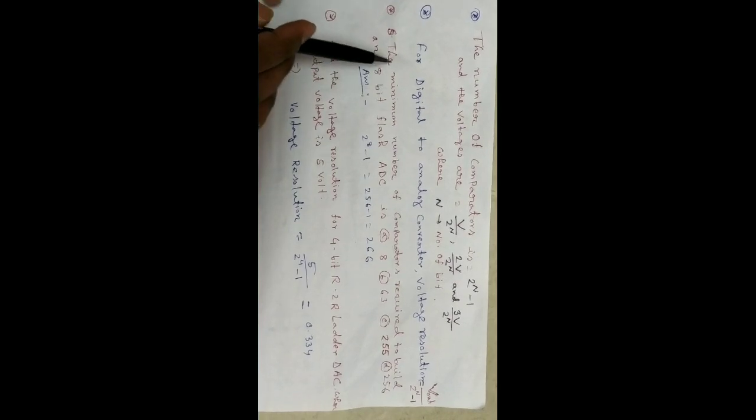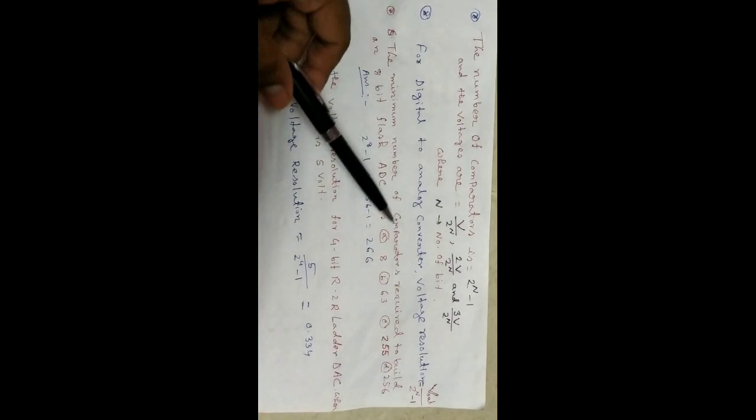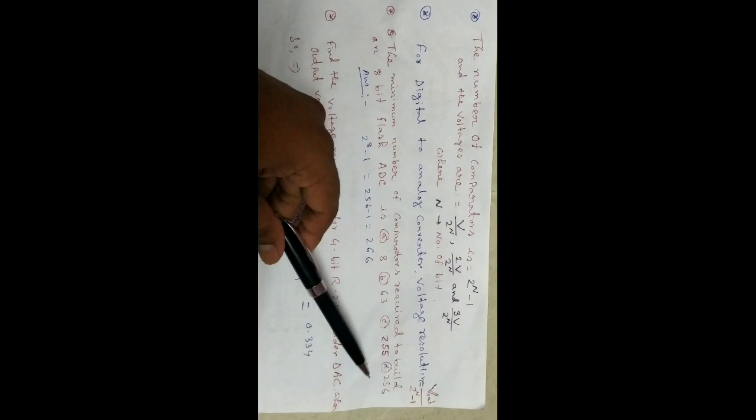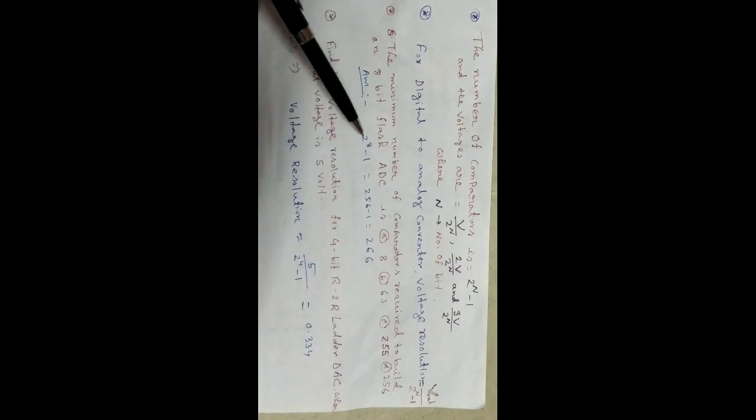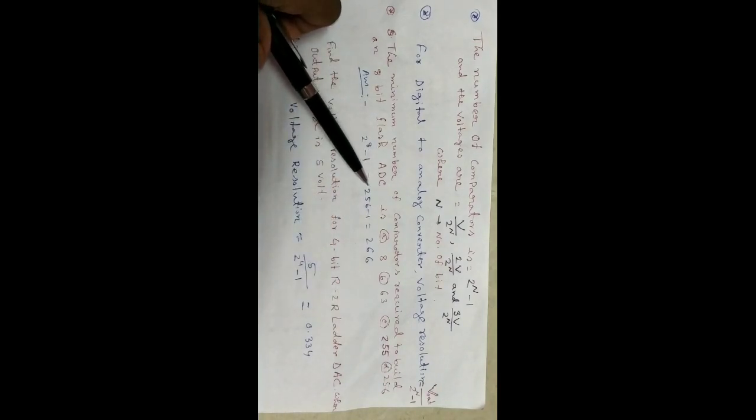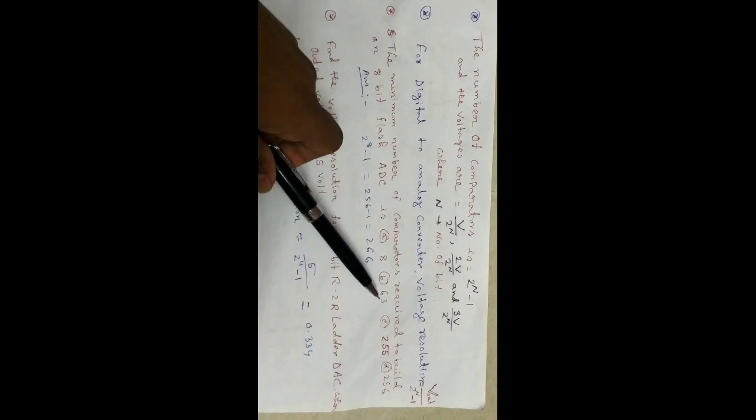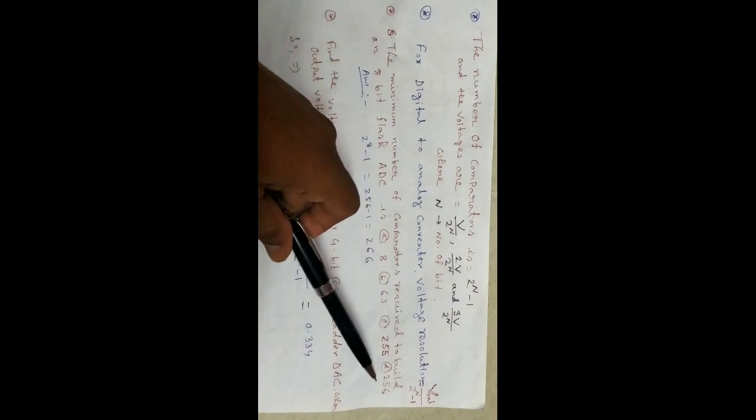Suppose I give you one problem. The minimum number of comparators required to build an 8-bit plus analog to digital converter is 8, 63, 255, or 256.